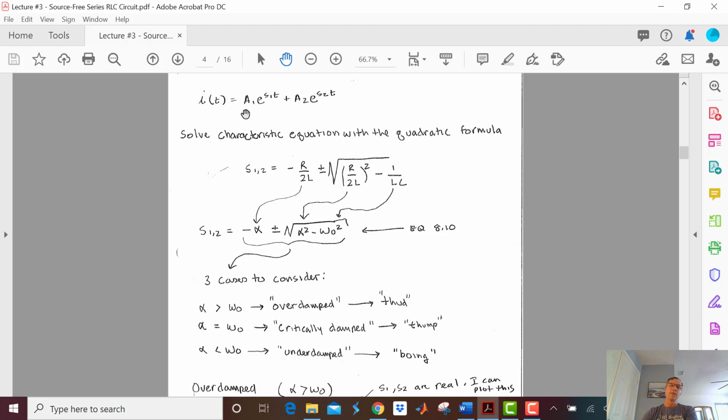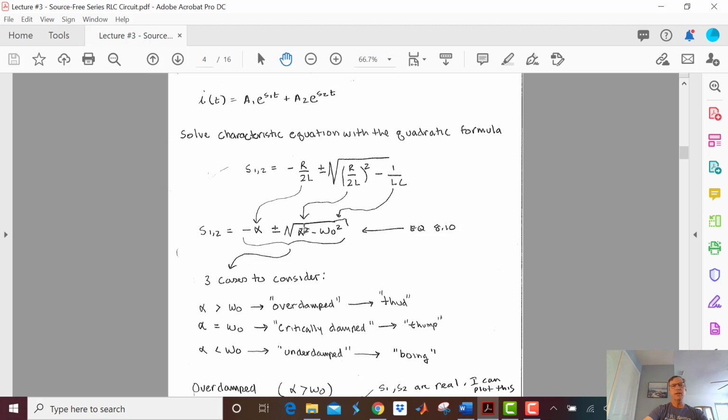We know that our solutions look like A1 e to the S1t, etc. And alpha is always going to be a real number. Okay, that's nice. Now, if alpha is greater than omega naught, then alpha squared will be greater than omega naught squared, and this will be a real number too.